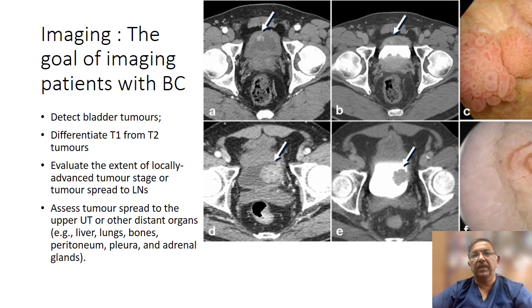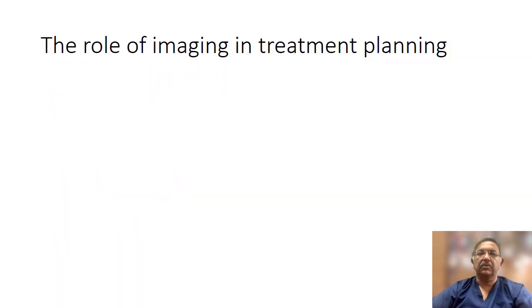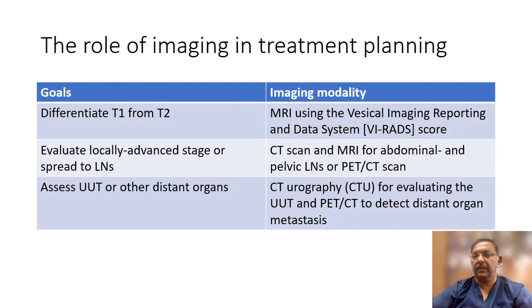A word about imaging. Imaging has really changed in bladder cancer now, and we are all used to the PIRAT, and now there is a lot of talk about the VI-RADS, which is the Vesical Imaging-Reporting and Data System, using a multiparametric MRI scan, very similar to the one that we have been using in prostate cancer, but now for bladder cancer as well.